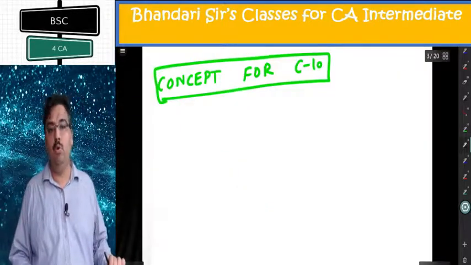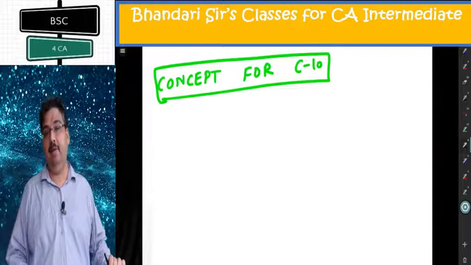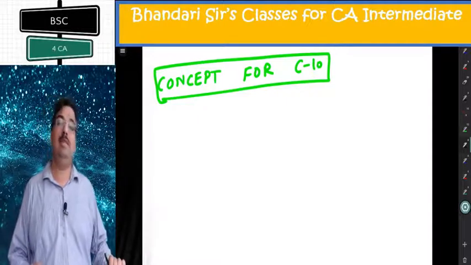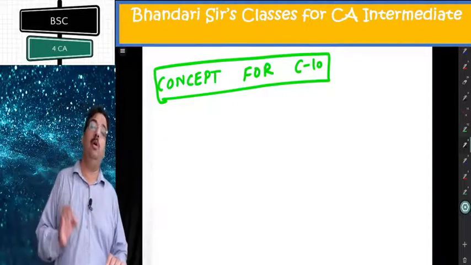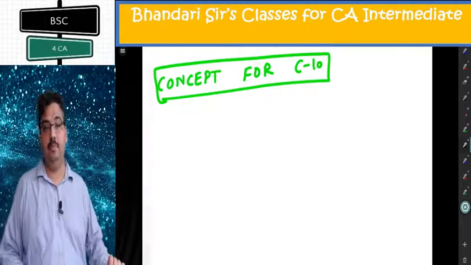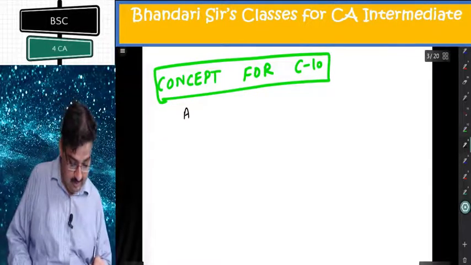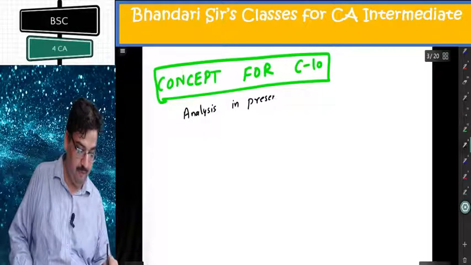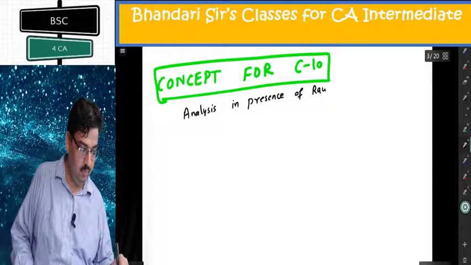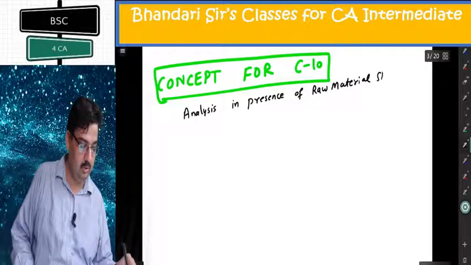Before we go on to the next question C10, there is a small concept to understand. Without the concept, you will not be able to do that question. This is analysis in the presence of raw material stocks.